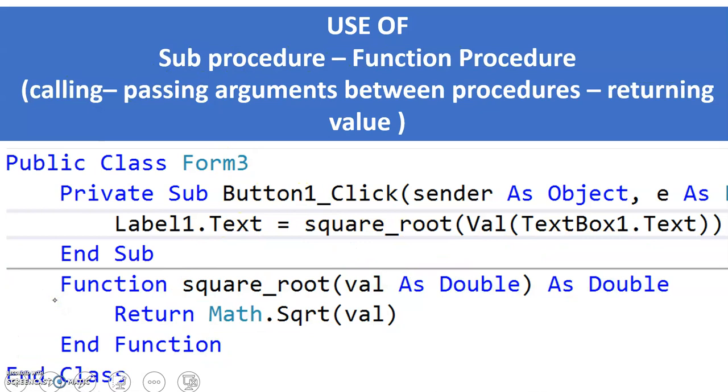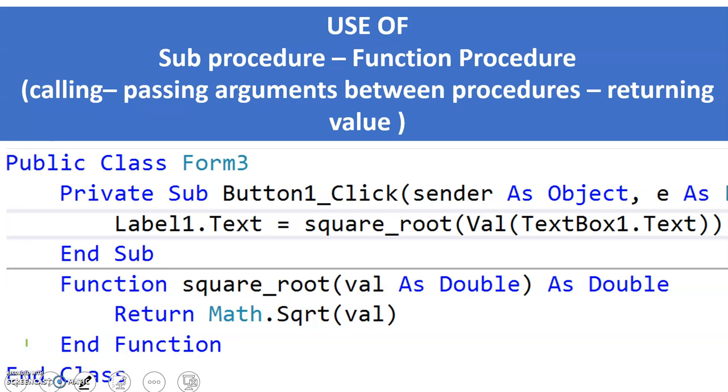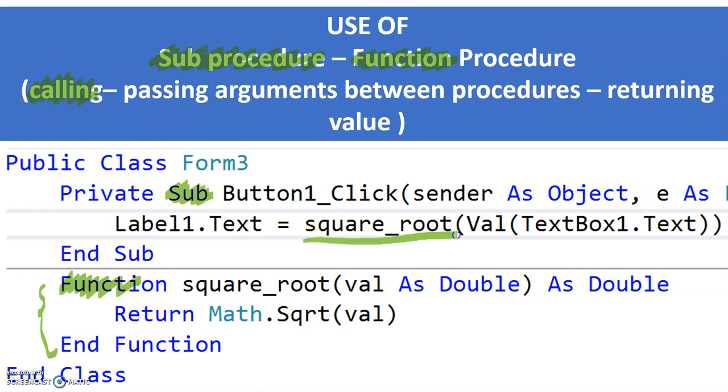Now let's understand one more thing. If you have noticed, first, the sub procedure. Where is the sub procedure? The click event of the button is your sub procedure. We know that a sub procedure never returns any value; we are not getting anything back here. Then this is your function procedure. Then what did we learn? Calling: this is how to call.